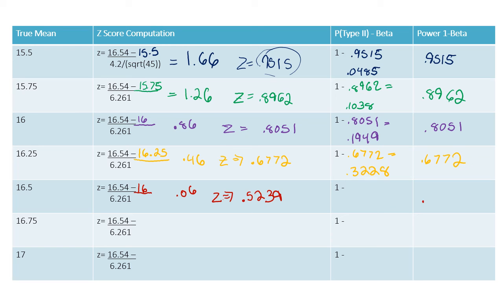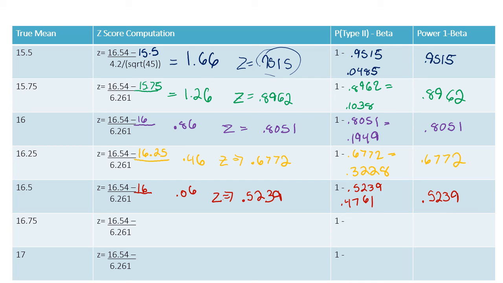So we're going to write that over here as the power, 0.5239. 1 minus 0.5239 gives us our beta, and the answer is 0.4761. All right, just 2 more for this example.